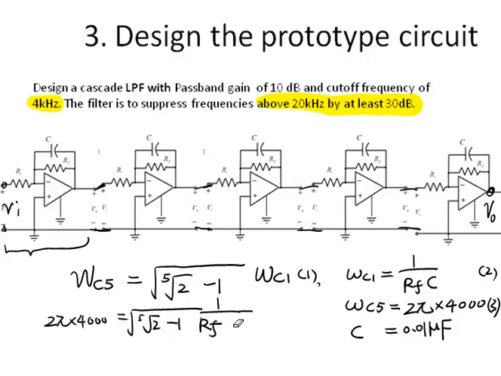We can substitute the capacitance here. So that's 0.01 times 10 to the power of negative 6 converted to standard unit. The only unknown variable is RF. We can calculate that from the equation above. So we got 1.53 kilo ohm. We can use a 1.5 kilo ohm resistor for the feedback resistor.